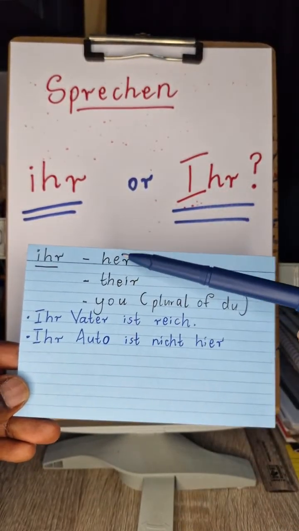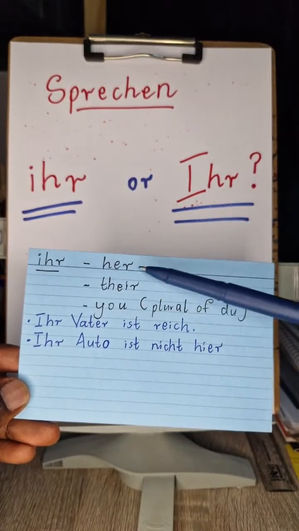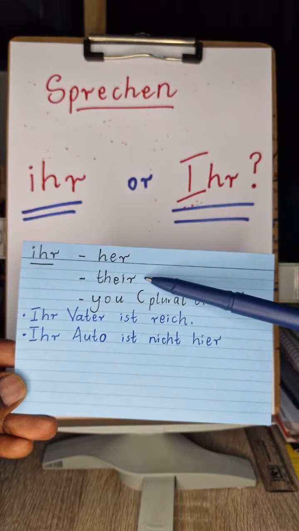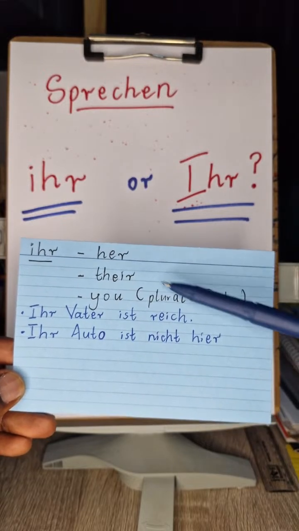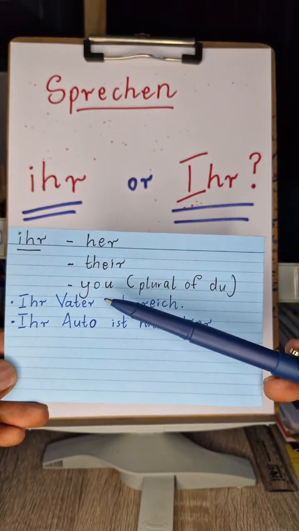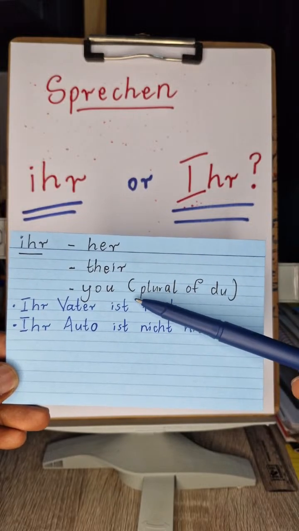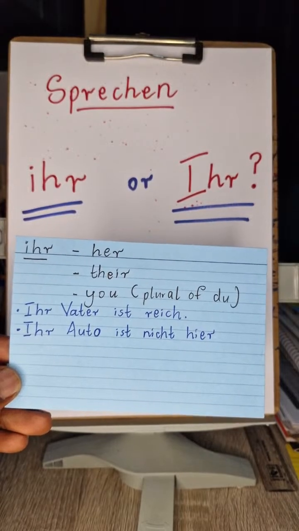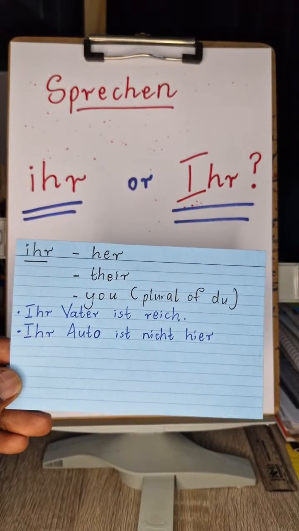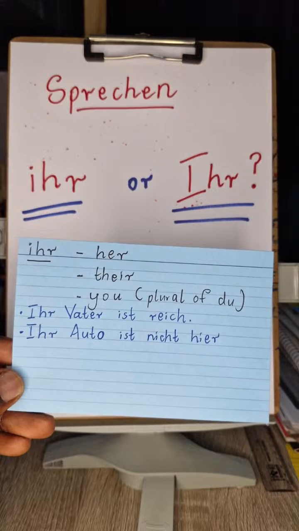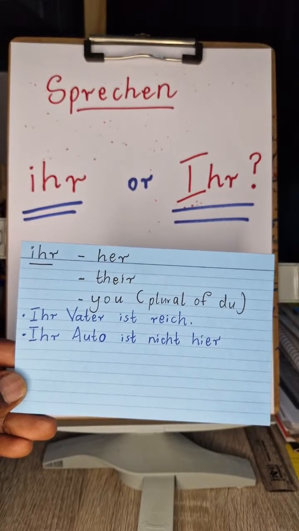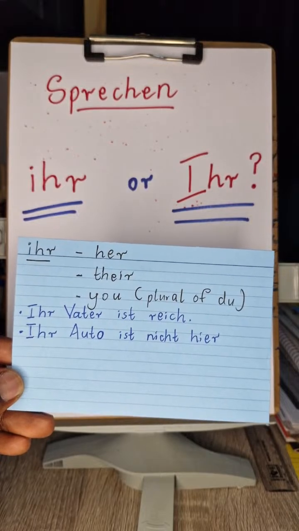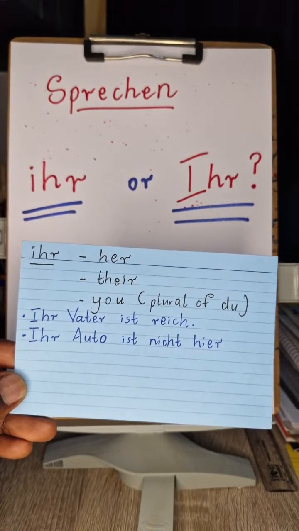So you are seeing from the three meanings of this "ihr", we said number one, it's her. The same "ihr" means their, and then it also means you. Now this is you in the plural of "du". Now if it's singular, it is "du". And then plural, you would now use "ihr", all right, when referring to many people. So let's imagine you're talking to a number of people.